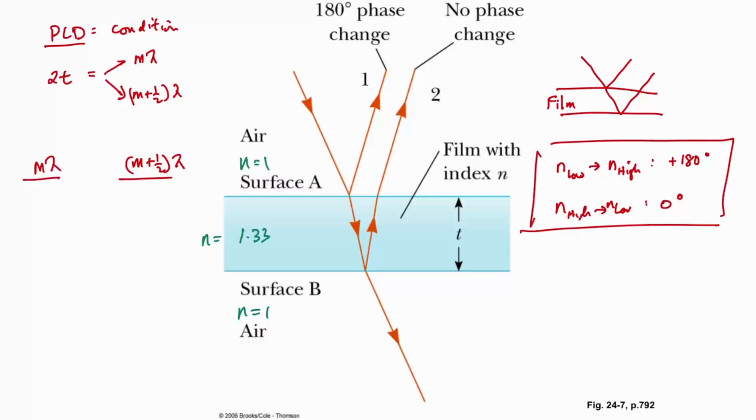So what m lambda does, so this is the do column, okay, is it says no change to the relationship between rays 1 and 2. When you put down the condition of m lambda, you're telling the mathematics and the physics of the system to keep whatever's going on, keep it the same.